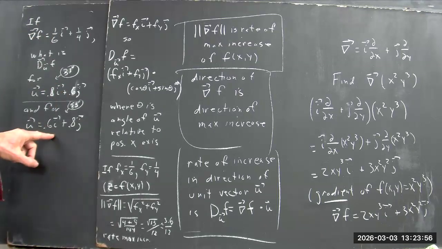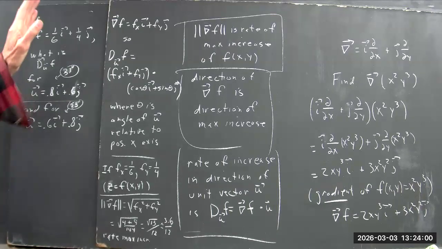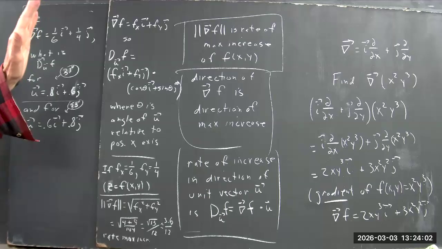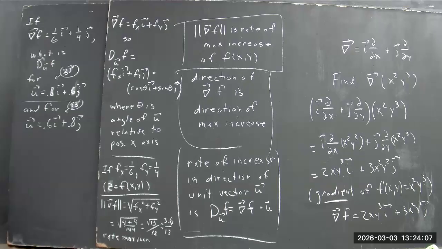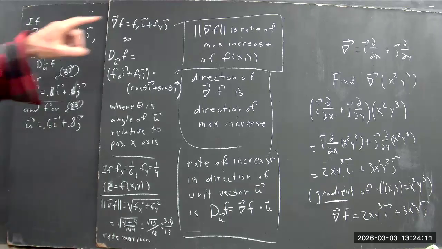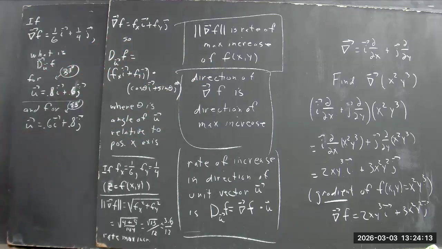You would think that this one's going to come out bigger because you have more of the upward or the vertical direction in the plane, which is going to give you a steeper ascent, okay? As this does correspond to the problem we started with, okay?